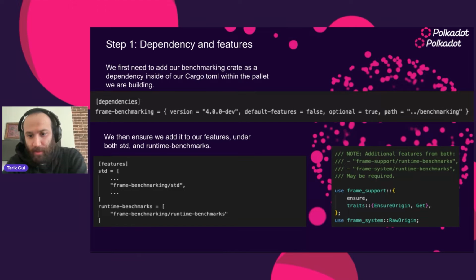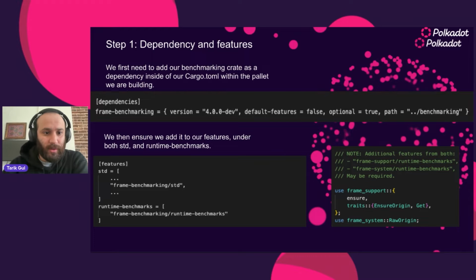A really important note is that a lot of the features that we use are additional from support and system. That means we'll have to import the ensure macro, ensure_origin, the Get trait, as well as the system Config trait. And from system, RawOrigin.